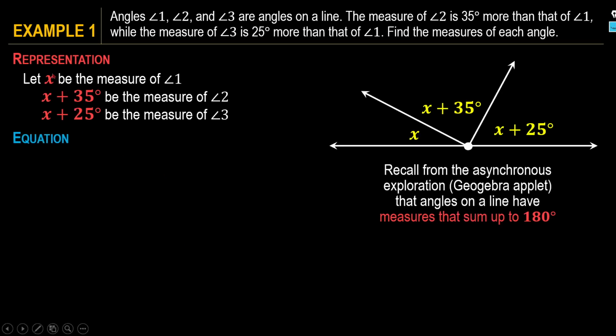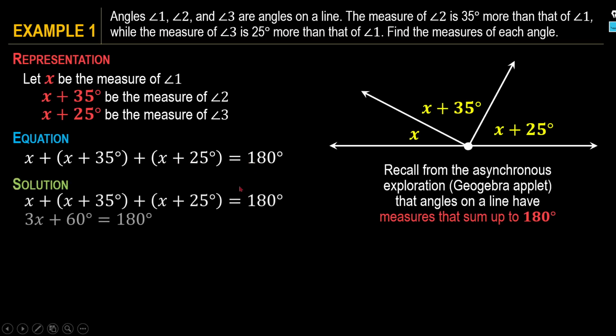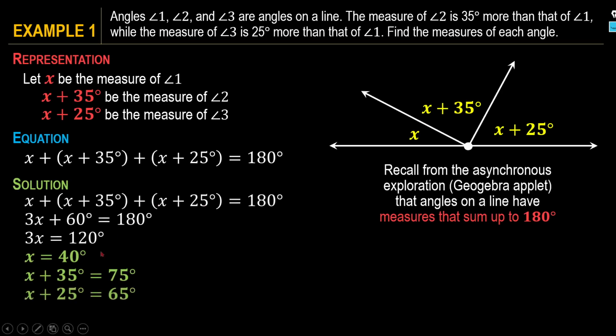Therefore, I write my equation as the sum of these three: x plus 35 degrees plus x plus 25 degrees equal to 180 degrees. And this looks like a very easy equation to solve. I will leave the simplification to you, but you should get x to be 40 degrees, x plus 35 degrees to be 75 degrees, and x plus 25 degrees to be 65 degrees.